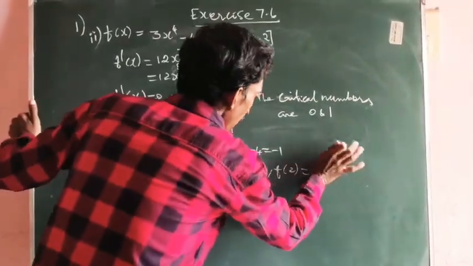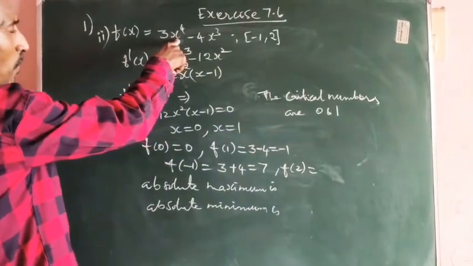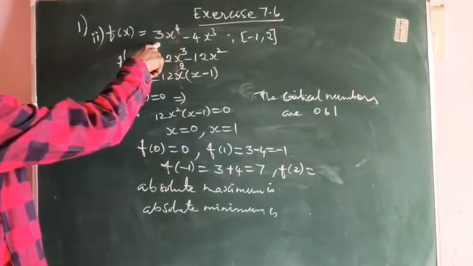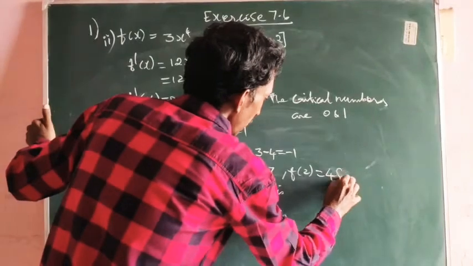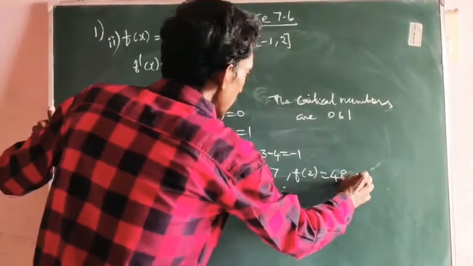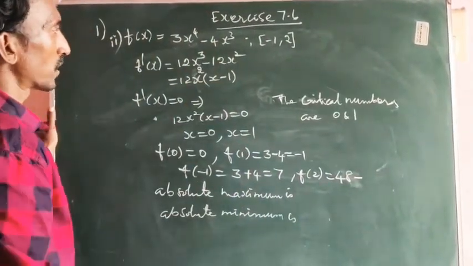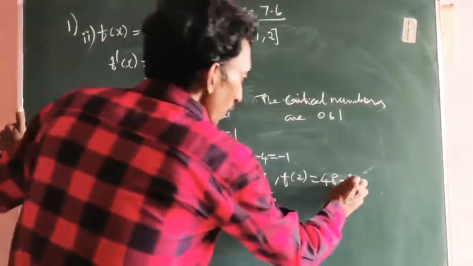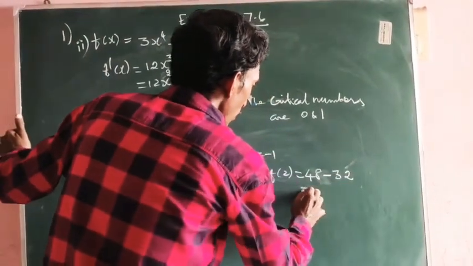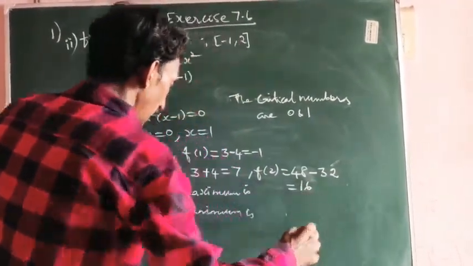Sorry, my dear students, here 2 power 4 means 16, into 3 is 48, so minus 4 into 2 cube, which is 8, 4 8s are 32, so what we are getting is 16.